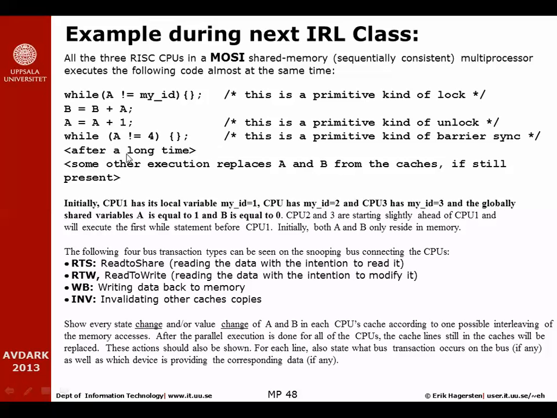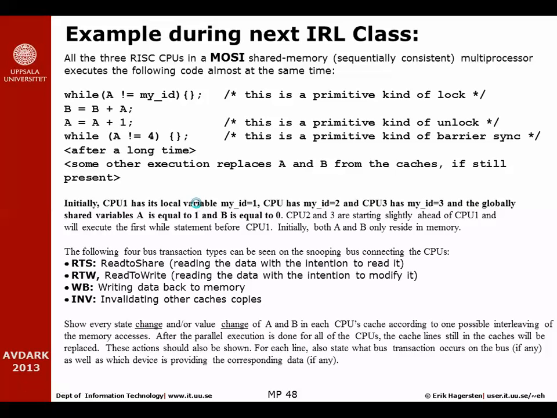And in this example, after some long time, all data that's stored in all the three caches will eventually get replaced. So I want you to tell me what happens at those replacements as well. Once more, pay attention that CPU2 and CPU3 are starting slightly ahead of CPU1. So they will at least spin once in this loop each before CPU1 will start executing and declare success here and advance its execution.